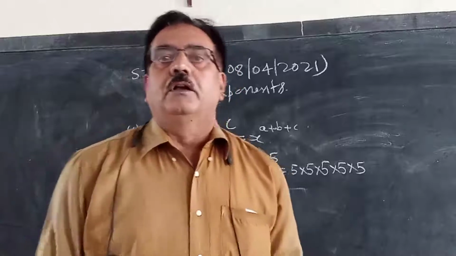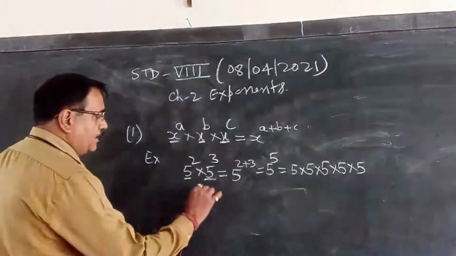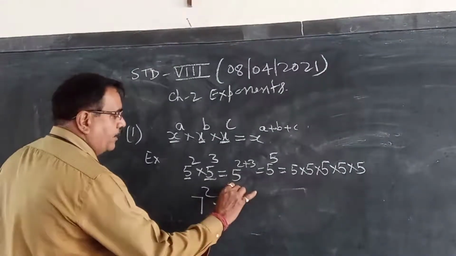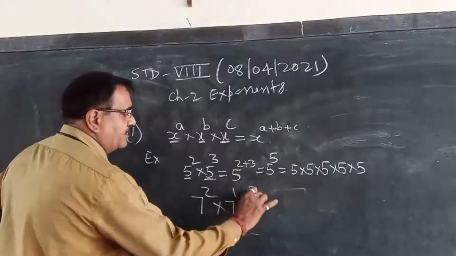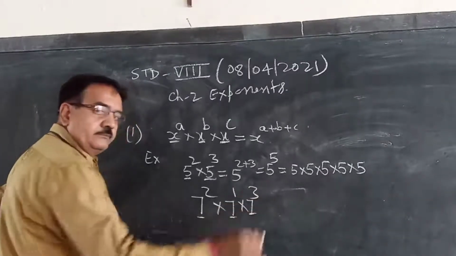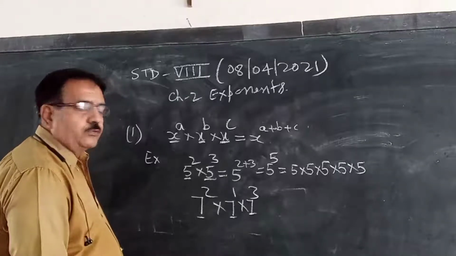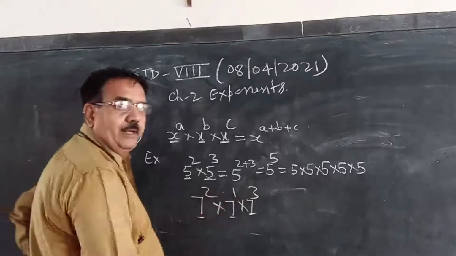Do you follow? Another example: 7 to the power 2 into 7 to the power 1 into 7 to the power 3. The base is the same and among them there is a multiplication sign. So according to the rule, all the powers will be added.